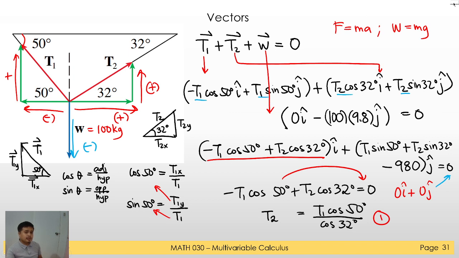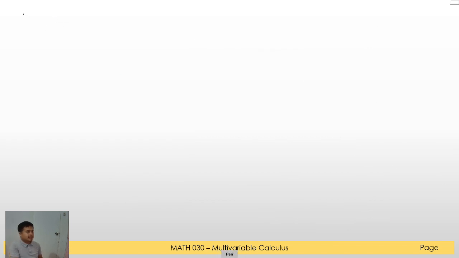Okay, for another equation, we could also equate the j component to 0. So we have T1 sine 50 degrees plus T2 sine 32 degrees minus 980 equals 0.